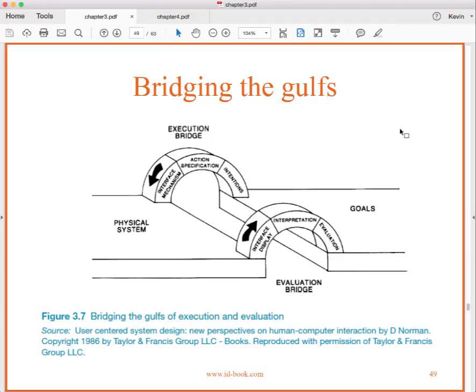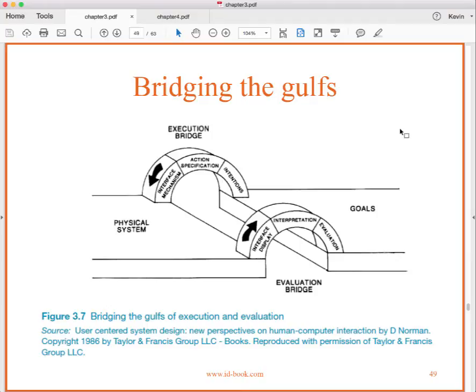So the point here that I think is really important is that information has to round trip. Okay, so the user has to perceive the physical system. And that's this evaluation bridge that's in the foreground. Okay, so they look at the interface display, and then there's interpretation and evaluation, and then they compare that to their goals, and then they turn around and they have intentions, and then you go across the other bridge, the execution bridge.